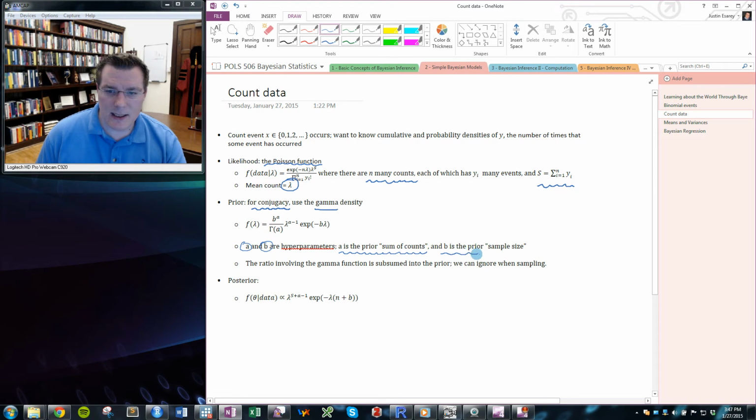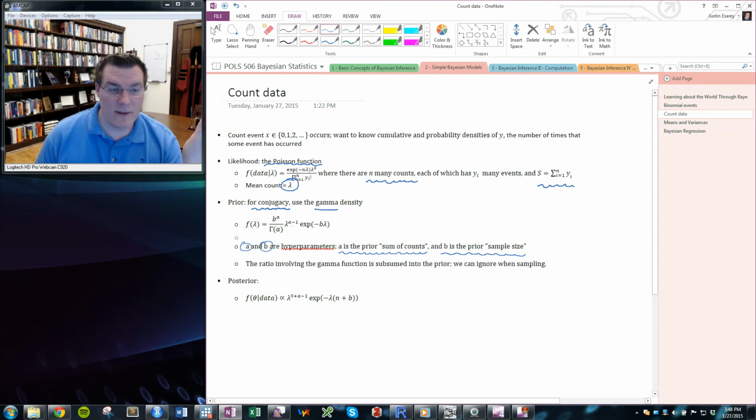And B is the prior number of events. So B is playing the role of how many events we saw occur, and A is the total count of all events inside each one of those distinct observations. This bit here, which involves a gamma function, just like before, is a constant. It's going to be subsumed into the prior.